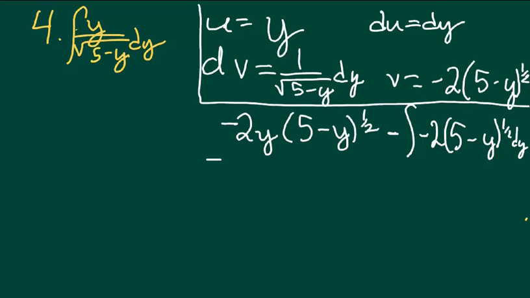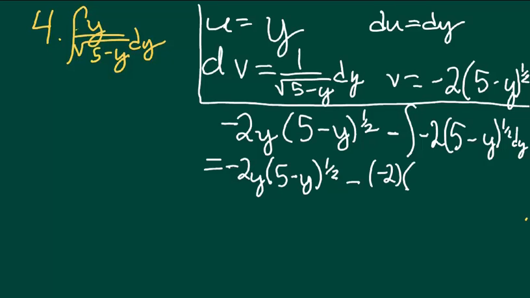So we wind up with negative 2y times 5 minus y to the 1/2 minus negative 2 times 5 minus y to the 3/2 times 2/3 times negative 1 because of the chain rule.